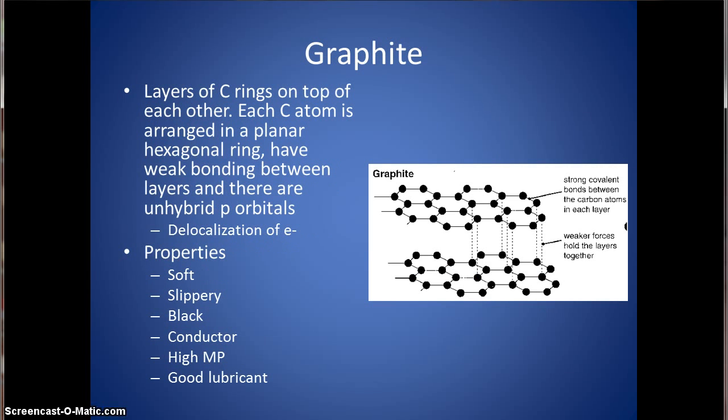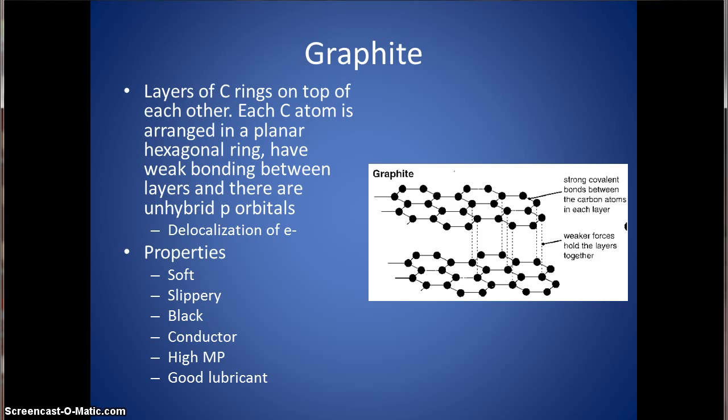But graphite, on the other hand, is soft, and the layers of carbon rings, as you can see, are on top of each other but held by weak forces, while the strong covalent bonds between each carbon atom are arranged in a planar hexagonal ring, and that leaves an unhybridized p orbital.